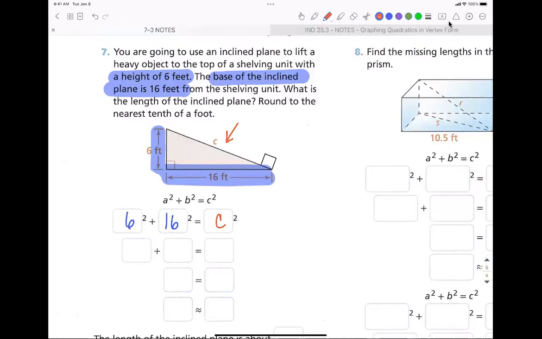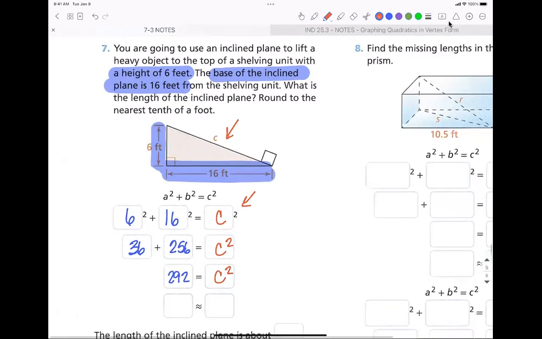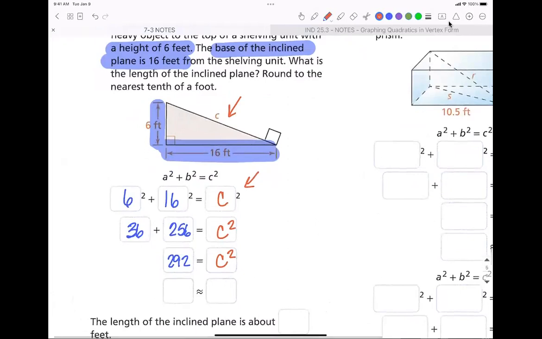Okay, 6 squared, Olivia? Good, Maylee? Okay, and then Dalton added together. All right, now remember, on this side, we're trying to find C, so don't lose that, it just stays C squared all the way down. We haven't done anything with that side. It stays C squared. Okay, we don't know it. It's the unknown. It's going to stay the unknown all the way through our problem.